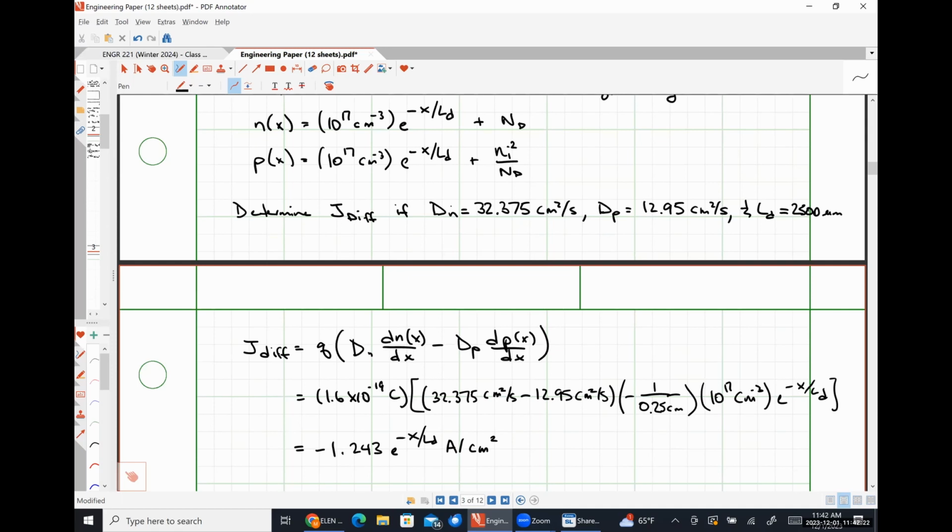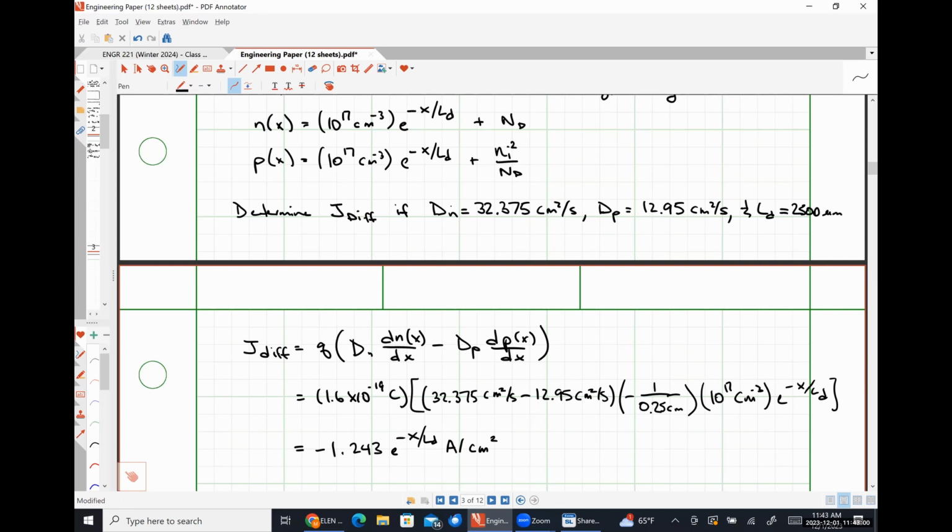this particular case where the electron diffusion coefficient was larger than the hole diffusion coefficient, which should practically always be true. But just in case I throw you a curveball problem where it isn't, just for mathematical sake, I want you to have some understanding of what the physical interpretation of our results means, because we're going to spend a whole lot of time, particularly when we look at how p-n junctions and bipolar junction transistors behave, trying to wrap our heads around what the movement of all of our charge carriers has, what effect all of that charge carrier movement has on how our devices electrically operate.